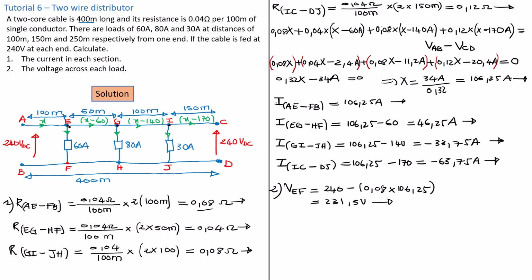And then when you move to the next section, section GH, remember you are no longer seeing 240, you are now seeing the voltage coming from this section, which is 231.5, that needs to drop some voltage here. So V_GH is equal to 231.5 minus the voltage drop on this section, knowing the resistance is equal to 0.04 times the current on that section.